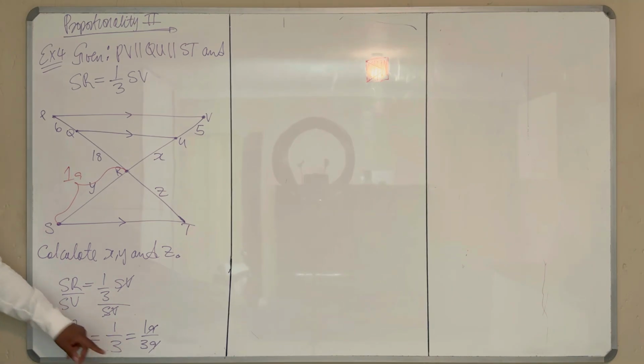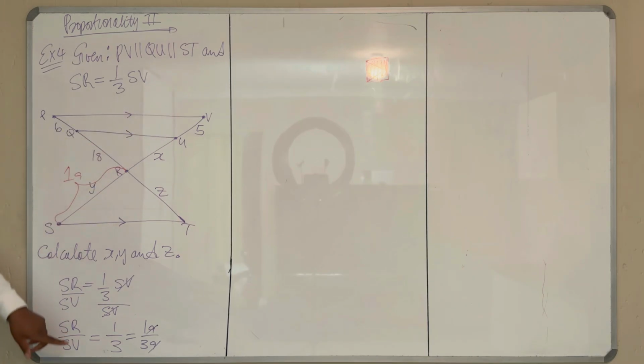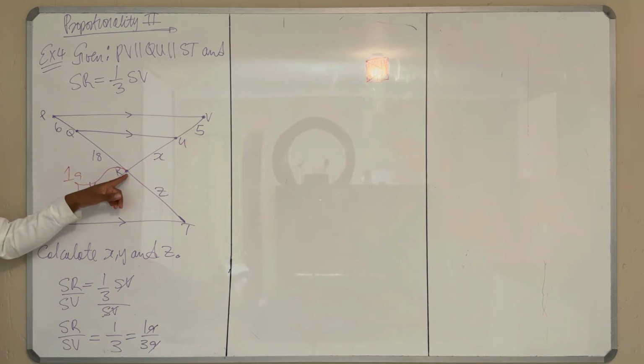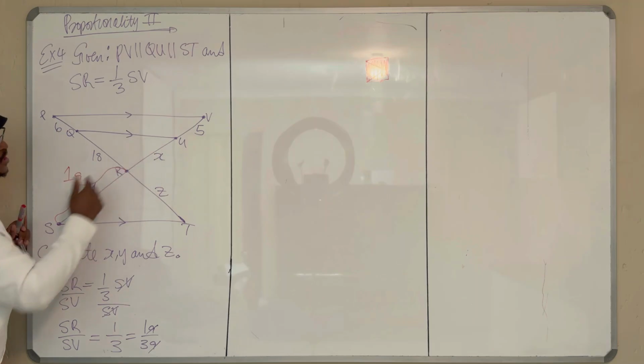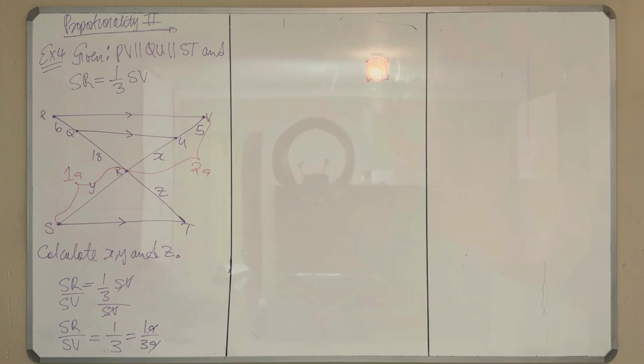SR is just this part, and SV is from this corner to that corner, the entire thing being 3A. So from here to here it should be 2A. If you want to get 3A in all, this part from here to there should be 2A. Does that make sense? Yes, it does. Okay, now we're done with this.